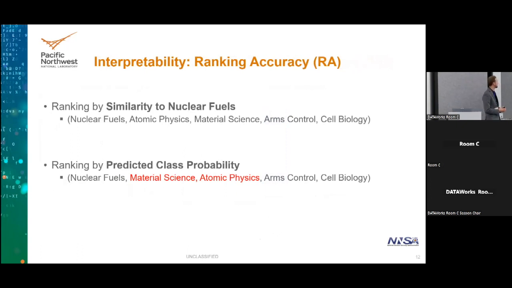If you look at the similarity of different classes to nuclear fuels, you might say, all right, nuclear fuels being the right class, what is second most like nuclear fuels? Atomic physics. Third most like nuclear fuels, material science, arms control, down to cell biology. And then we would compare that to our predicted class probabilities and ask, how many of those ranks actually agree with what we're predicting?